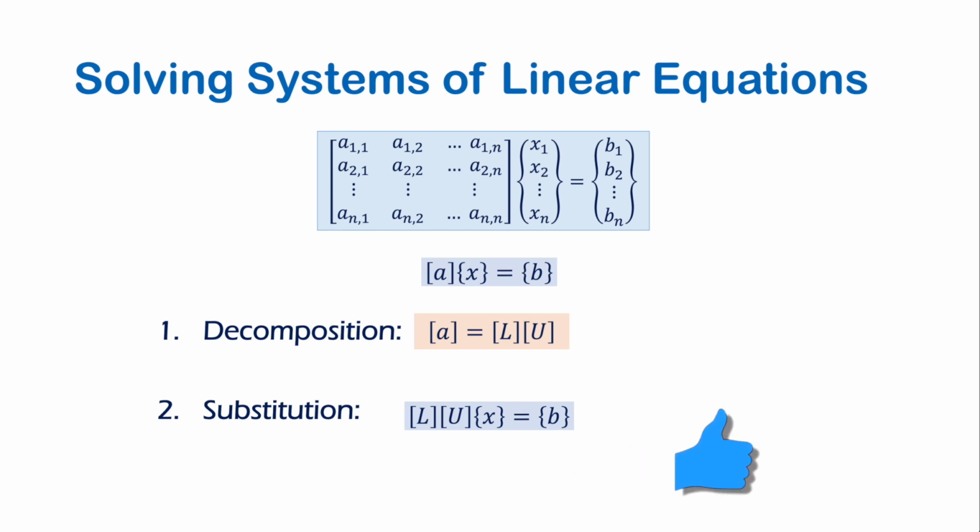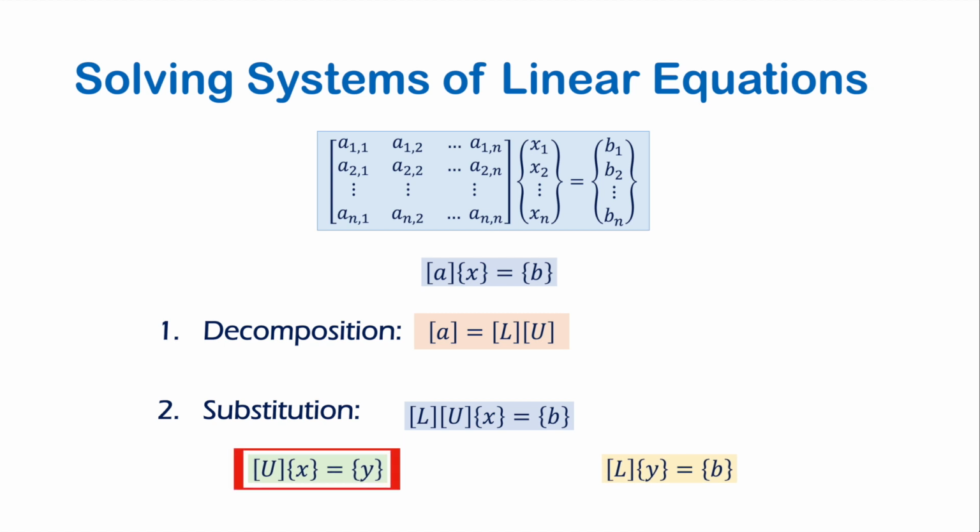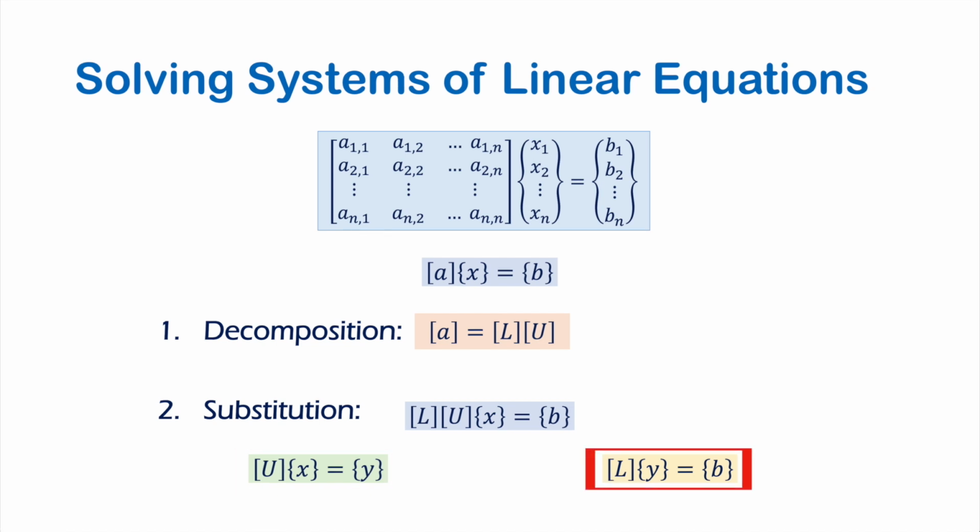The problem may look more complicated now, but what we do here is to divide the system into two linear subsystems. We take the upper matrix and the x vector together and call their product vector y. And by substituting y in the lower matrix equation with the constant terms vector b, we obtain a second subsystem. For this arrangement, we have a two-step solution.